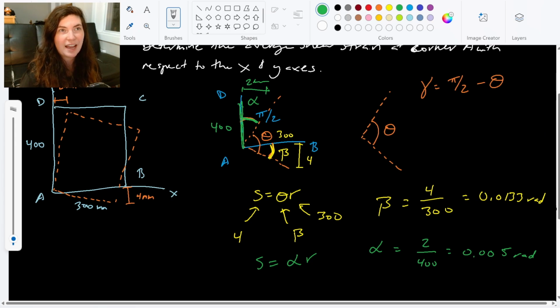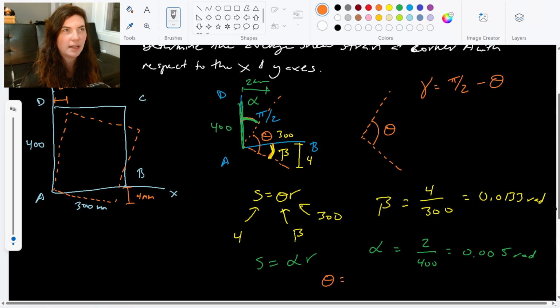And now I can just plug everything together. If I construct what the equation is for theta, theta is going to be pi over 2 plus the beta term minus the alpha term. Does that make sense?